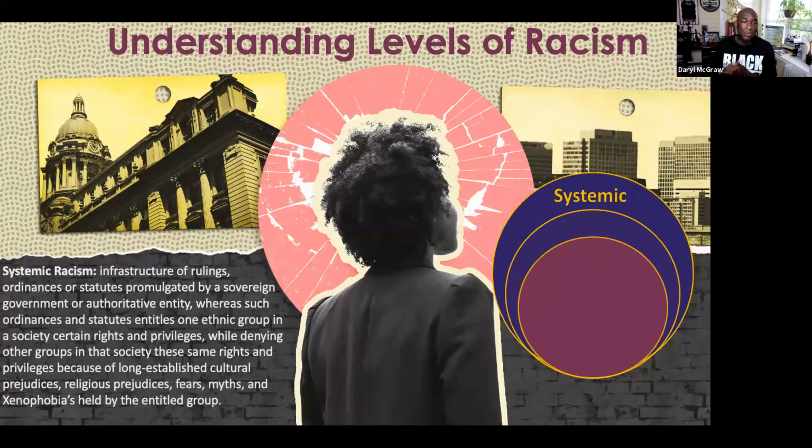Society grants certain rights and privileges while denying other groups the same rights and privileges because of long established cultural prejudices, religious prejudices, fears, myth, xenophobia, and held to an entitled group. As a criminal justice reform advocate and activist, I talk about systems all the time: educational, housing. Systemic racism has a history, and it just keeps going.